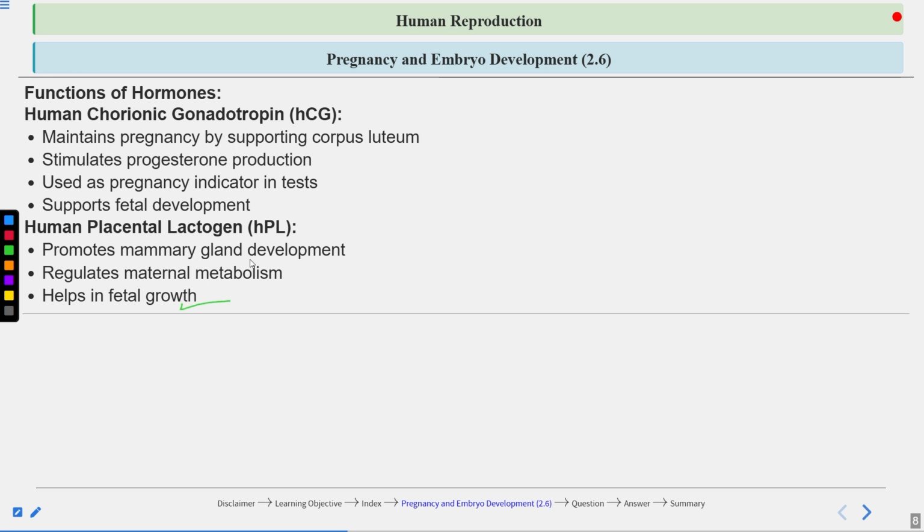So metabolism is also affected. The mother's metabolism is affected because now the female has to support herself and the fetus also. So there are changes in the metabolism because the fetus also has requirements. It is dependent on the mother.